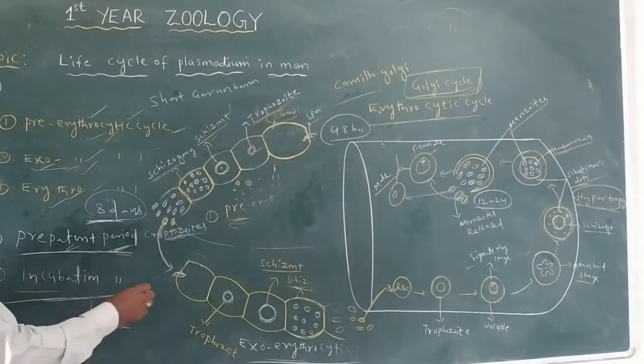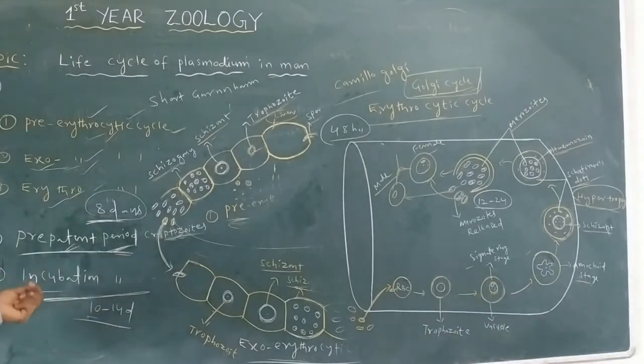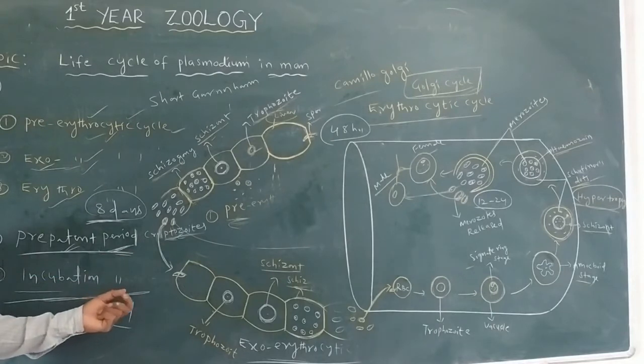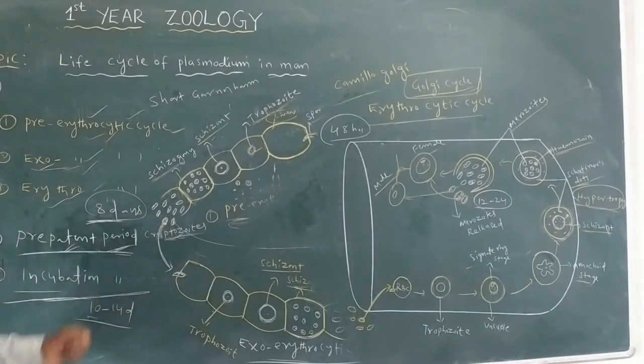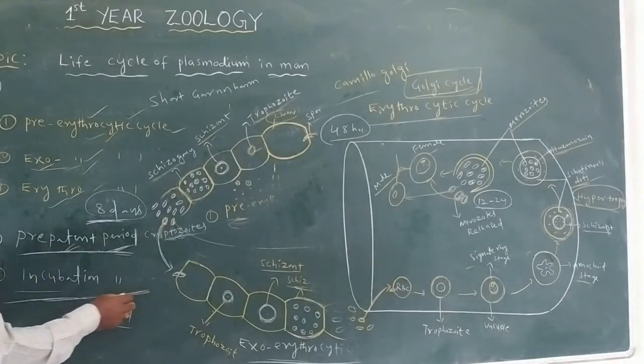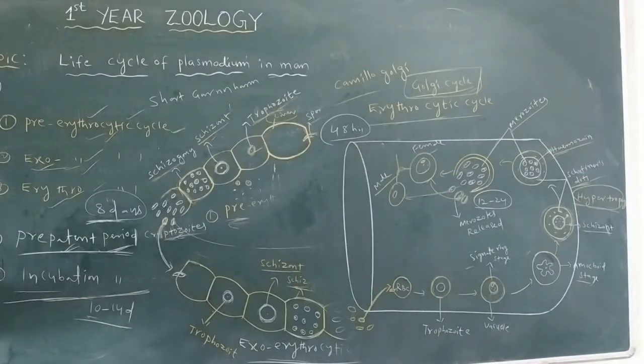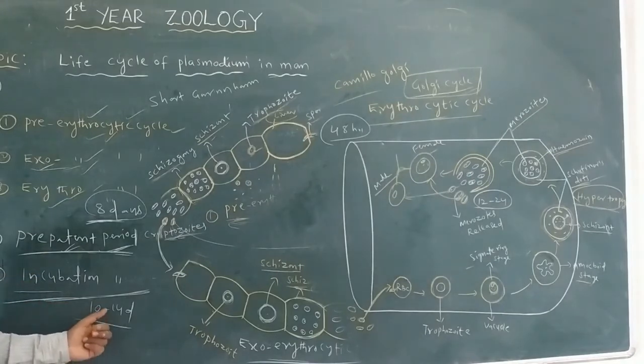But the incubation period is the interval between the first entry of Plasmodium vivax, the formation of sporozoites, and the appearance of malaria symptoms, which lasts 10 to 14 days.